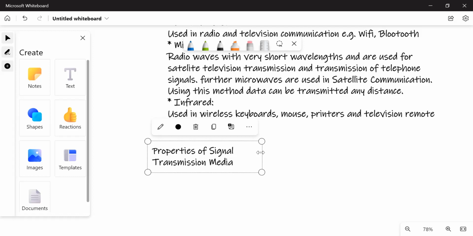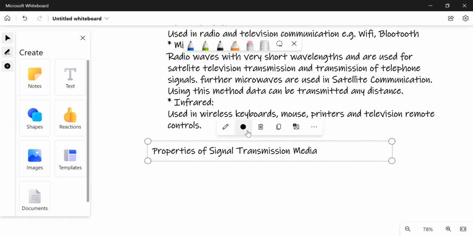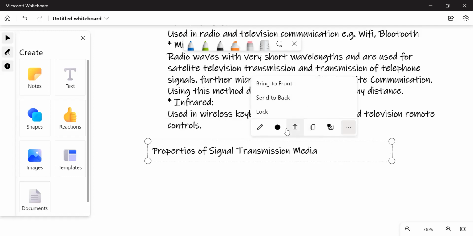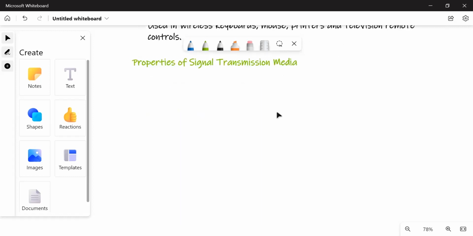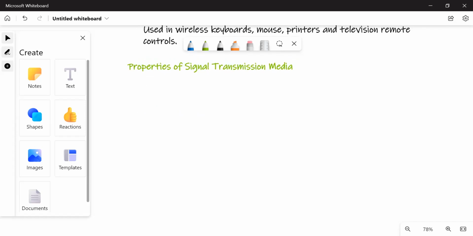Right. So let's look at some properties of these. A few things we are going to look at, as I told you earlier, or we can say signal property.